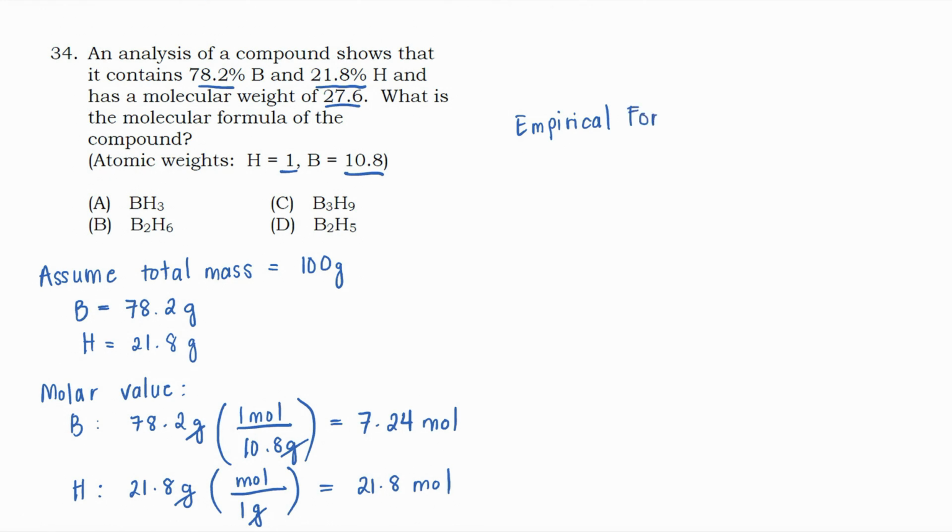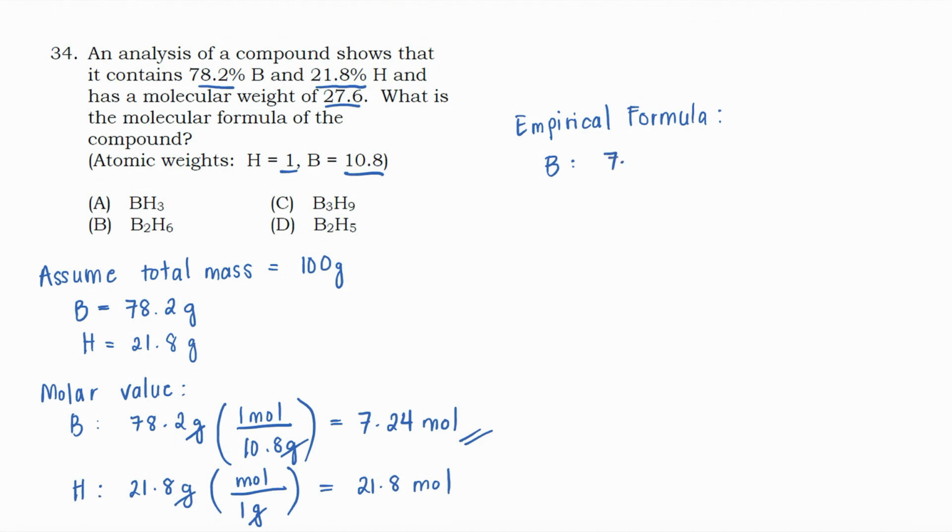To get the empirical formula, we find the smallest molar value. The smallest here is 7.24. Then we divide the molar values by the smallest molar value.